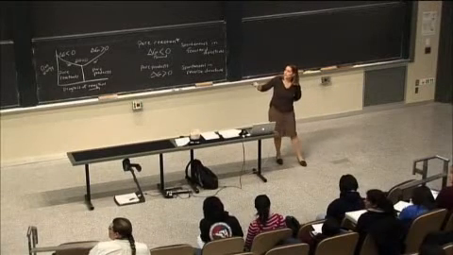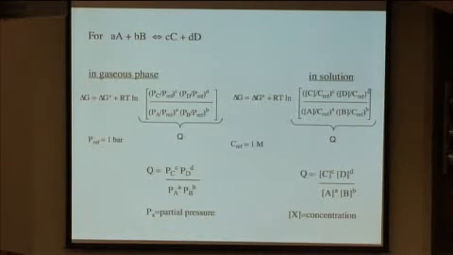If you're talking about solutions, the only difference is that we'll be talking about molar. So we have 1 molar, so the reference term here also cancels out. When you see something in brackets, like C in brackets here, that's telling you it's a concentration term.